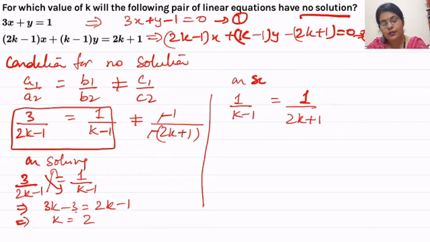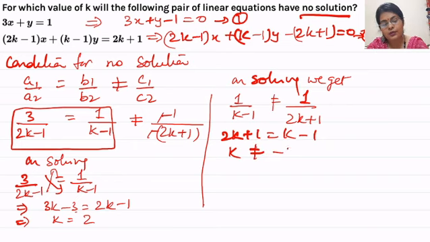On solving, 2k plus 1 is not equal to k minus 1, then 2k minus k is k, and k is not equal to minus 2. So k is equal to 2, but k is not equal to minus 2.